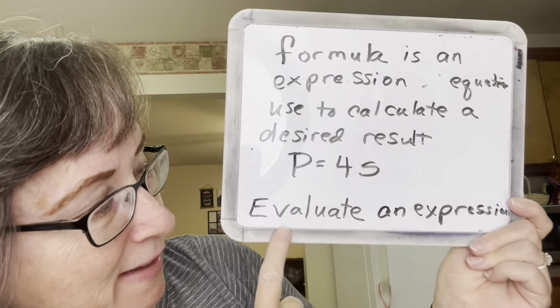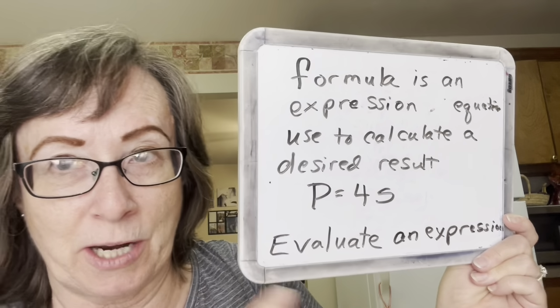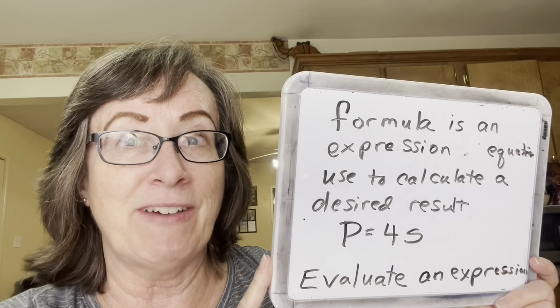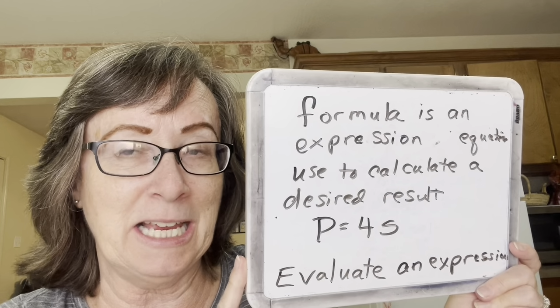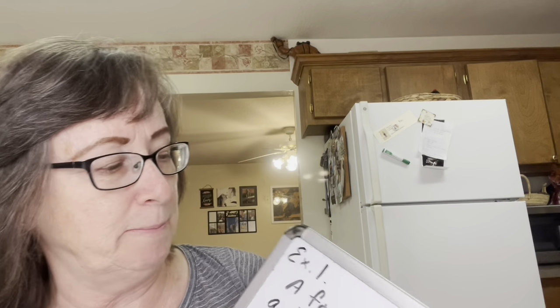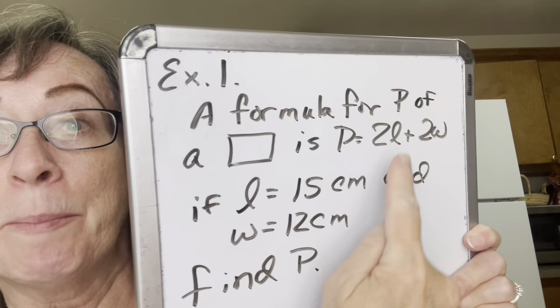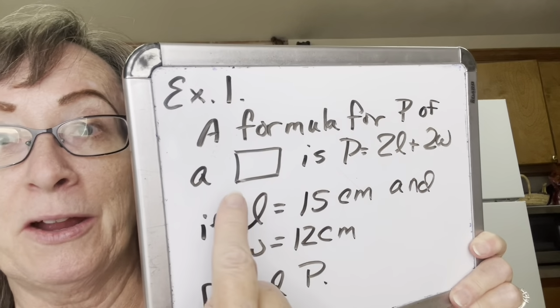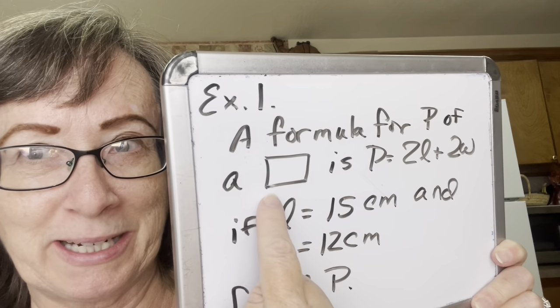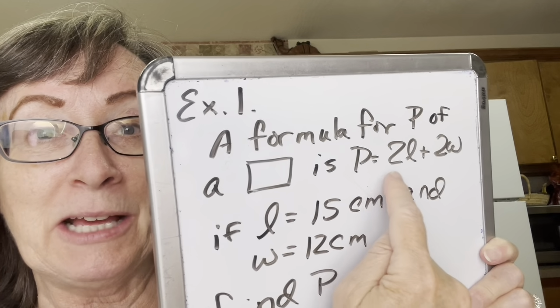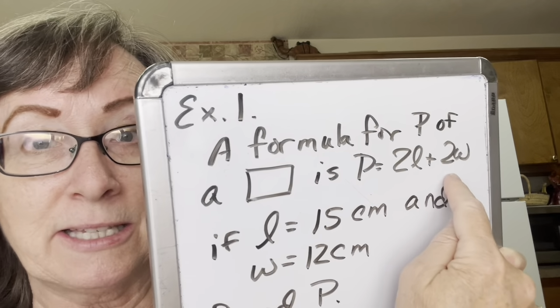So when we evaluate an expression, we do that by plugging in the value that they give us in place of the variable. So as an example, example 1 says a formula for perimeter of a rectangle, I'm using some shorthand here because I want to get back to that baby, is P equals twice length plus twice width.